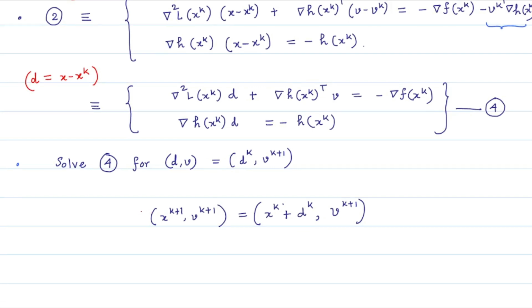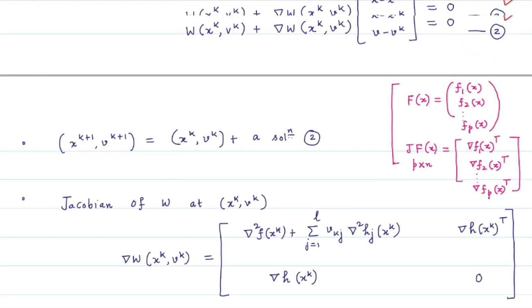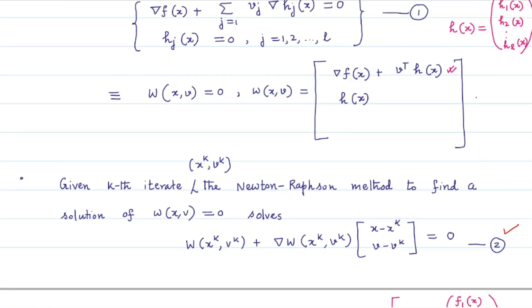And you notice that this identification of the sequence of iterative points (xk, vk) is due to the aim that we are aiming for finding a solution of this system w(x, v) equal to 0. To find a solution of this w(x, v) equal to 0 iteratively, we aim for employing the Newton-Raphson method, and this system is the system of iterative equations.